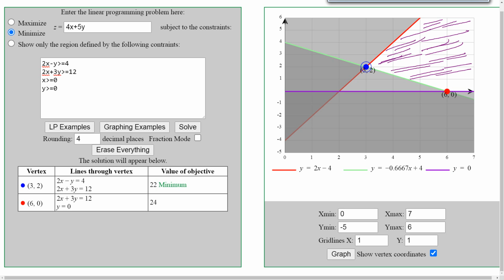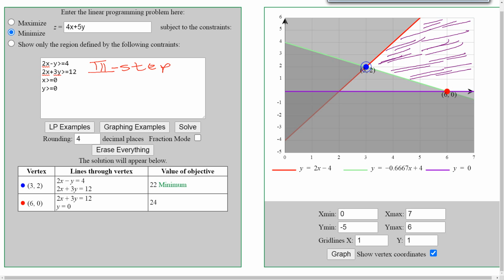The third part is to determine the vertices of the common feasible region which we have obtained. So in the first step, we plotted lines. In the second step, we determined the common feasible region.